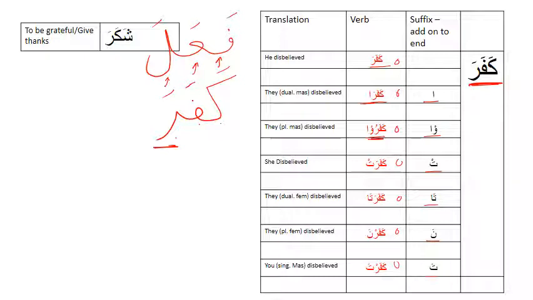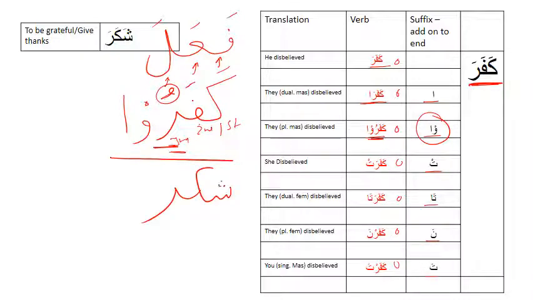So don't get confused. It's basically saying the first, second, and third letter. So for the third letter, if you want to add u at the end, then you have to make the lam letter into a dhamma, and then you add a waw sukun and an alif, and then it becomes kafaru. And same thing with shakara.